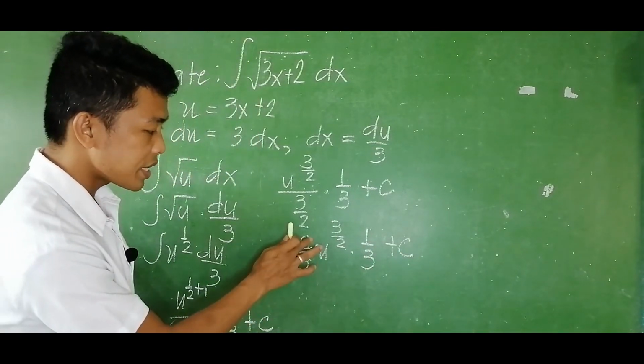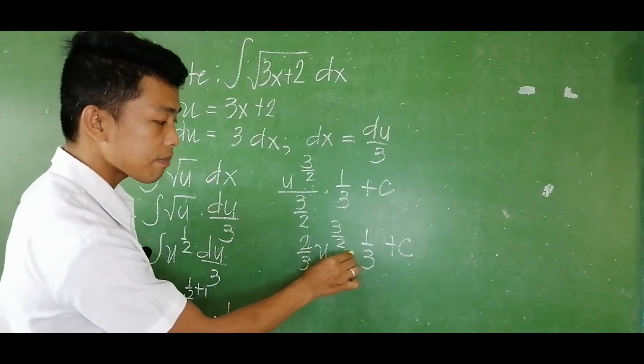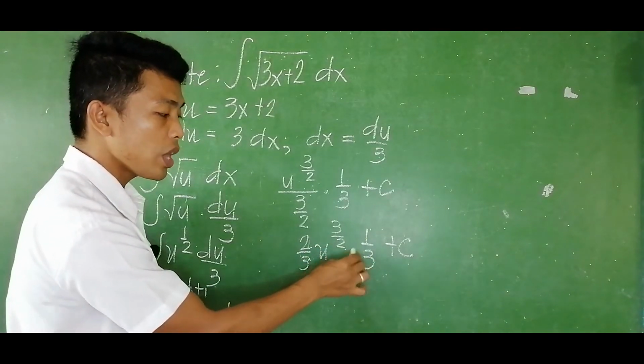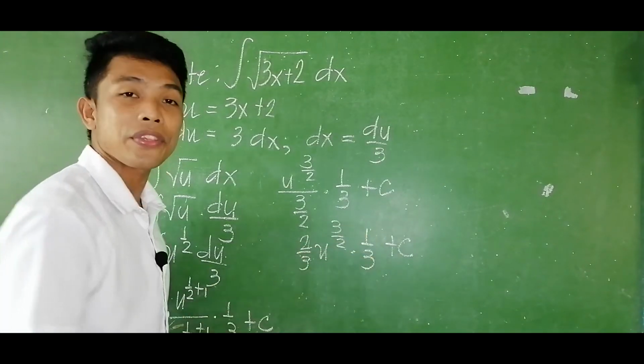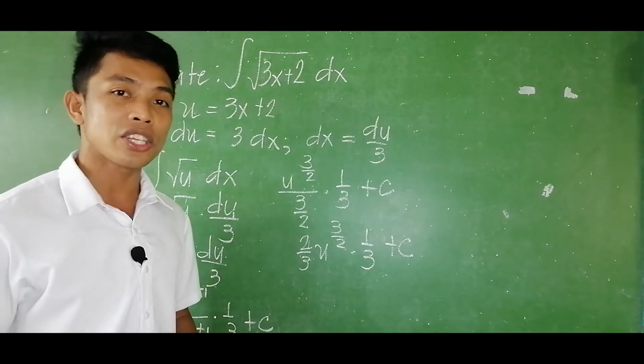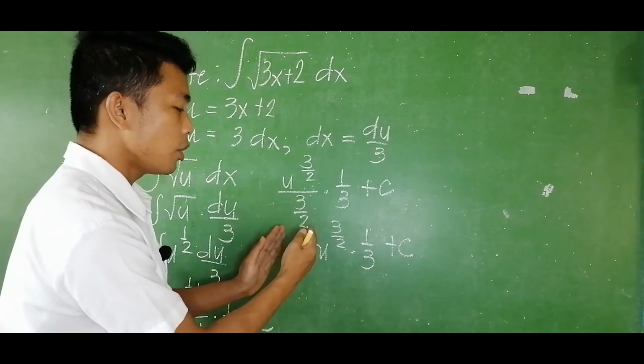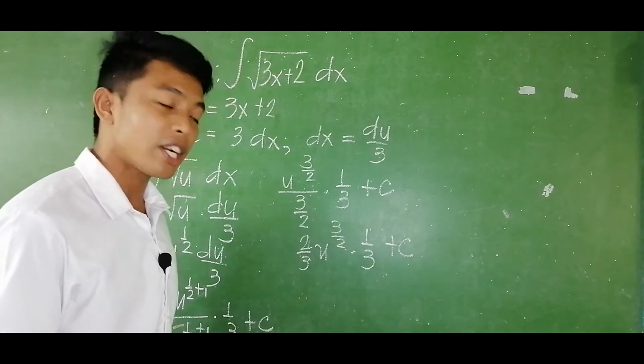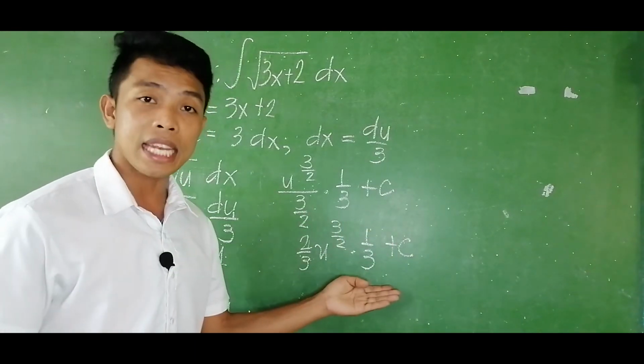Because we have 2/3 u raised to 3/2 being multiplied by 1/3, we simplify 2/3 and 1/3 by multiplying them. Because we are multiplying fractions, we multiply the numerator by the numerator and the denominator by the denominator.